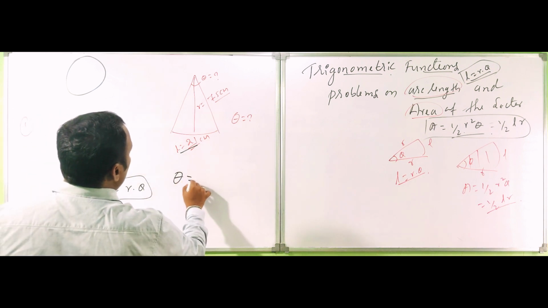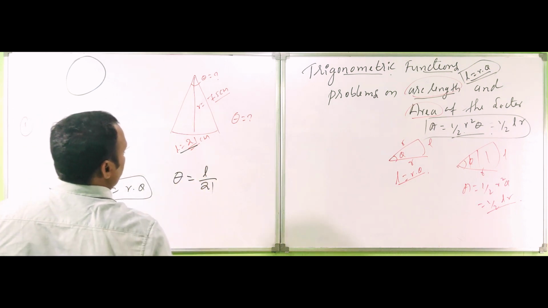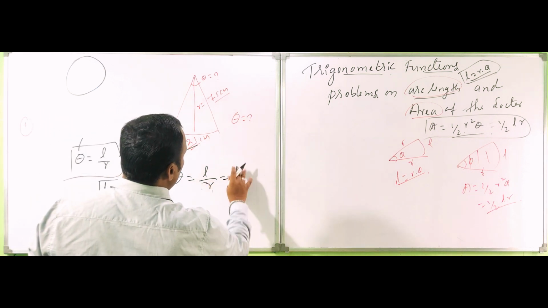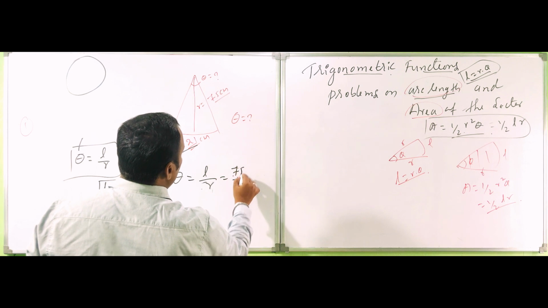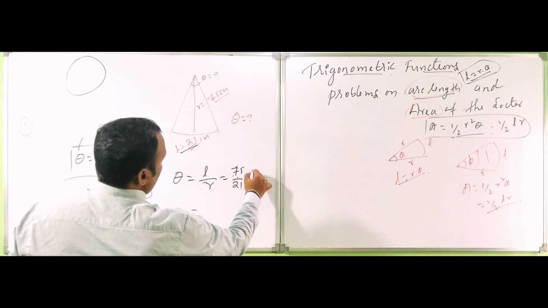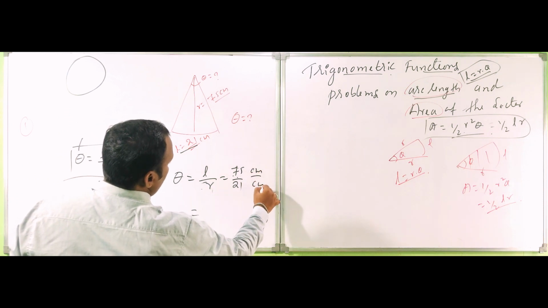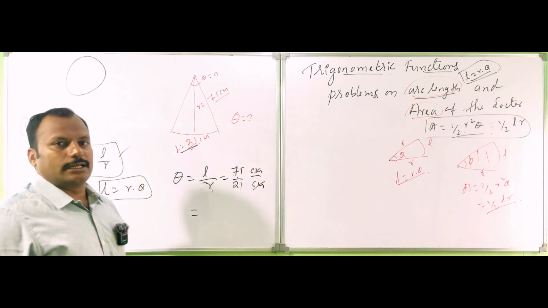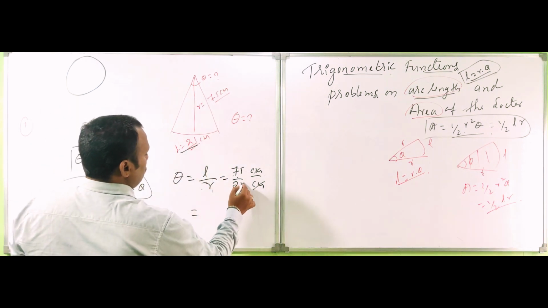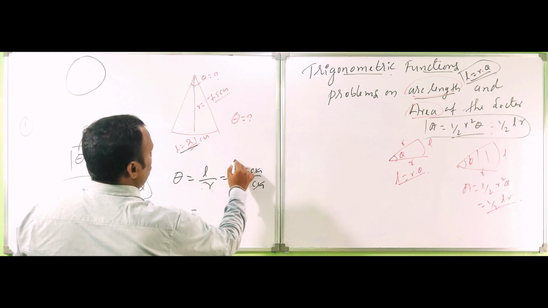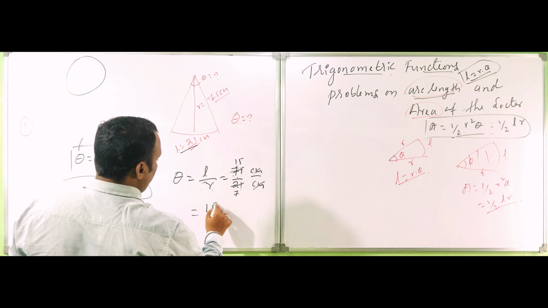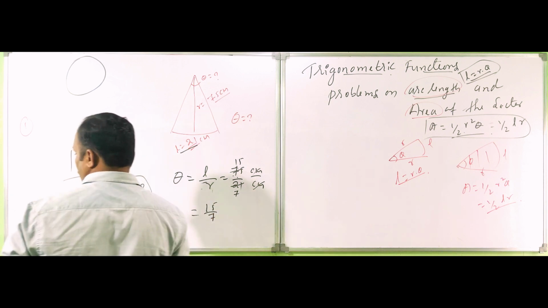Theta is equal to L by R. The centimeter in the numerator and the denominator gets cancelled, that's why theta is unitless.